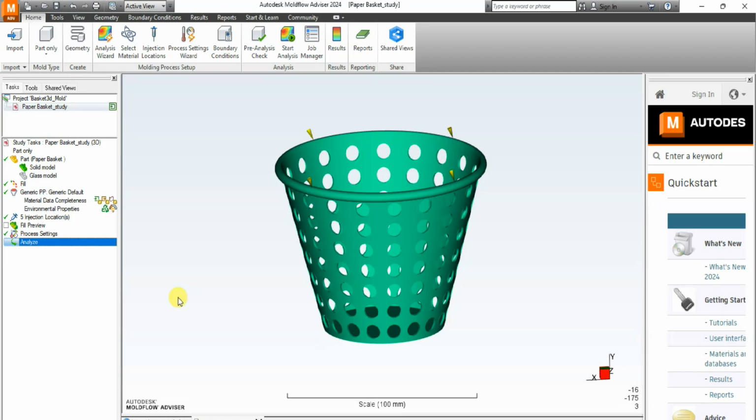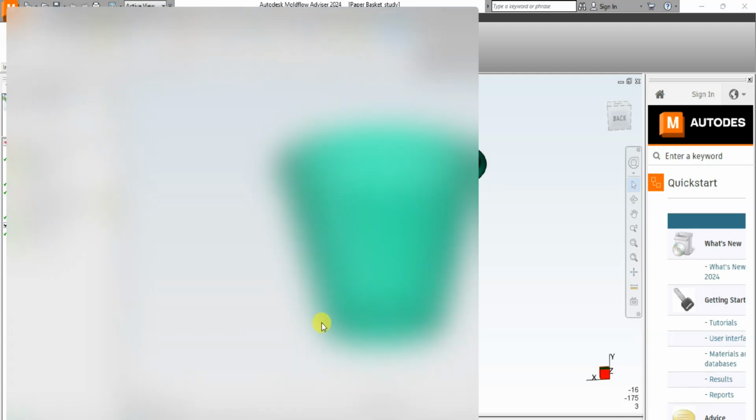And prior to running the analysis, we're now going to make use of this fill preview. Alright, so you can see the fill preview is taking place now. As you can see in the lower left pane of the software, where this cursor is circling, you have 97% fill preview.